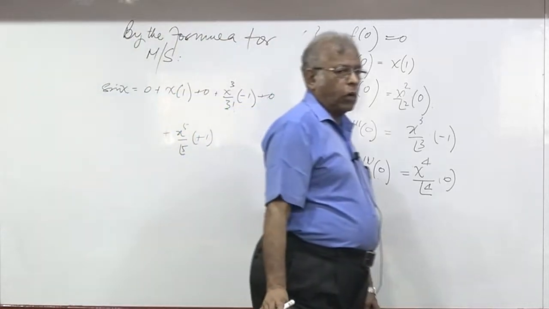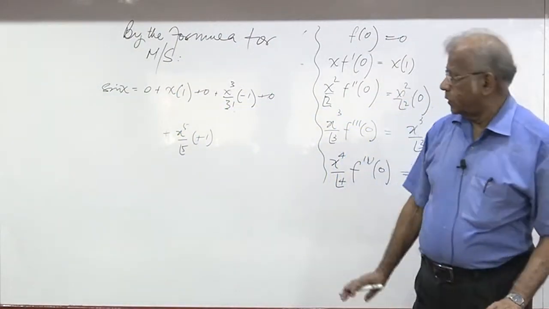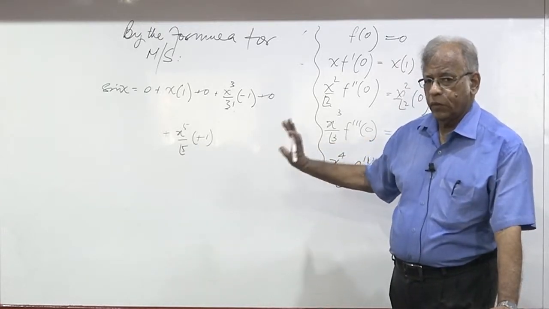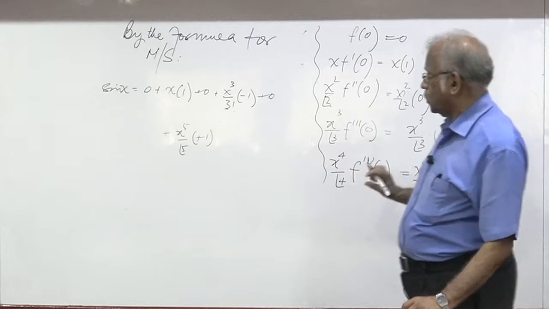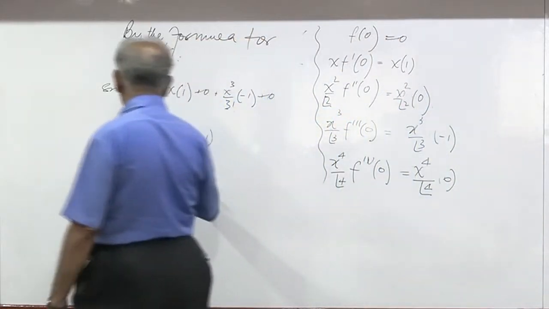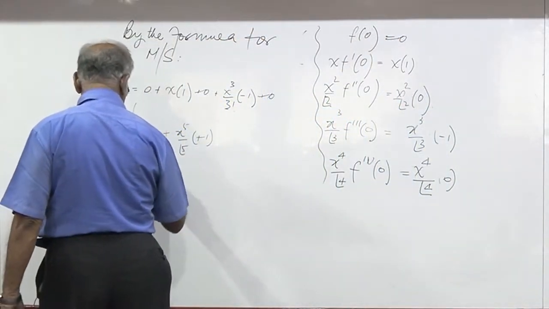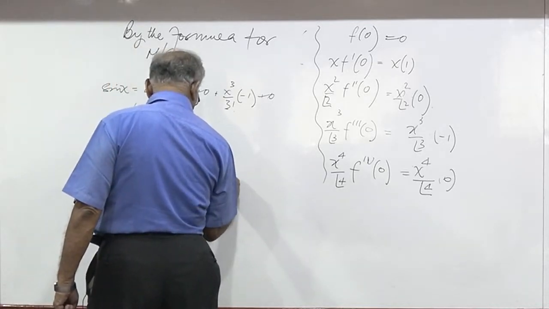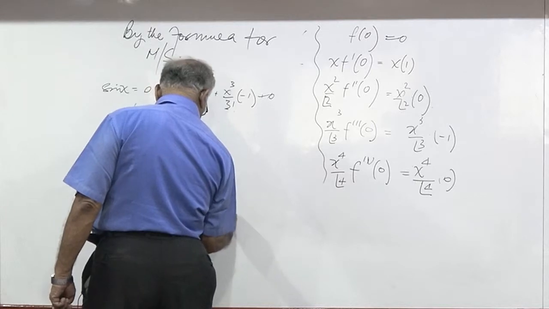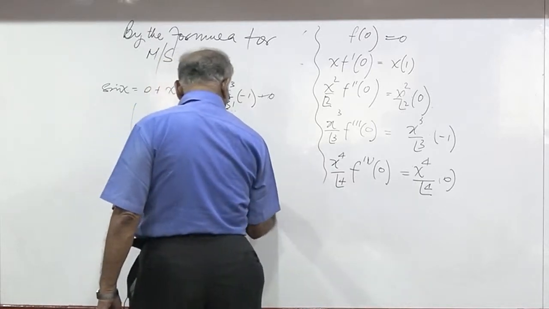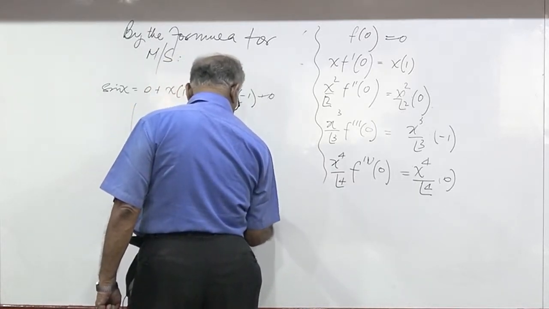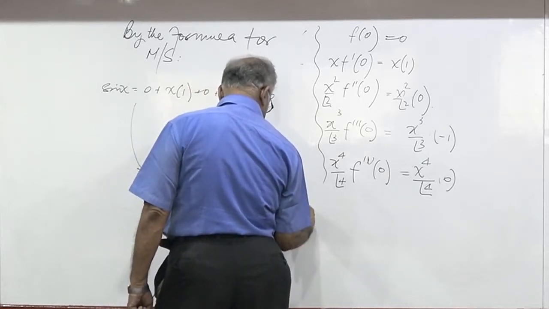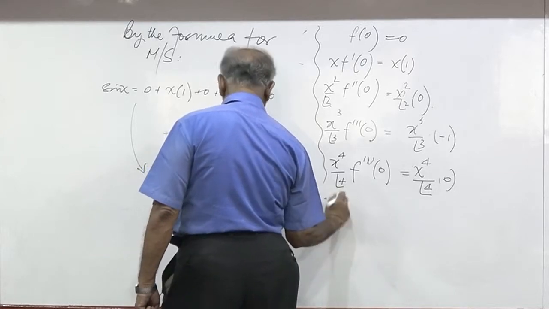Now, one sees very clearly that there is no presence of any even powered term. In other words, what we've got so far, if we just quickly simplify this, is x minus x cubed by factorial 3 plus x to the power of 5 by factorial 5 minus x to the power of 7 by factorial 7 and so on.